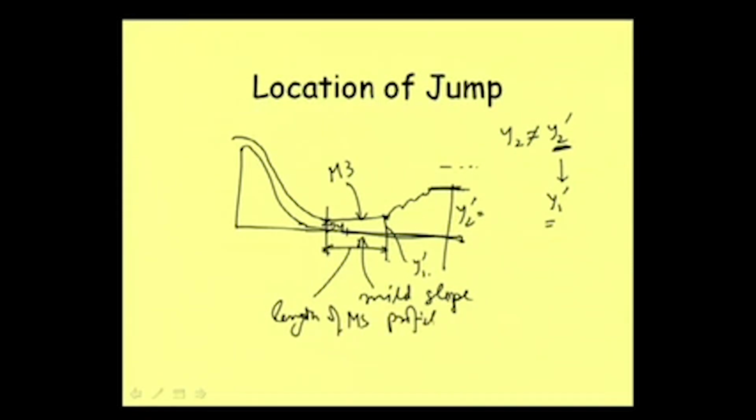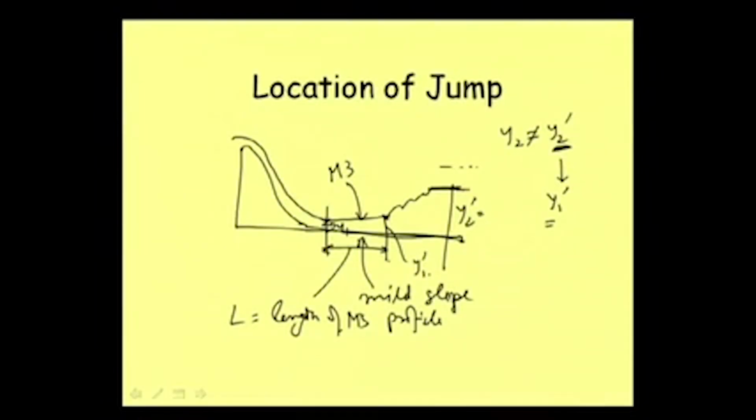Of course, if our channel is horizontal, then we are not talking about M3 profile, and in that case we are getting H3 profile. Whatever profile we are getting, with our knowledge of gradually varied flow, we can compute that particular profile, and then we will know the length of that profile.